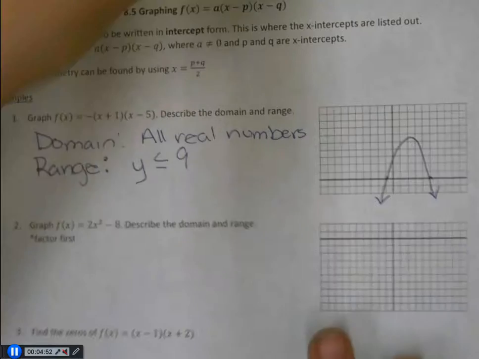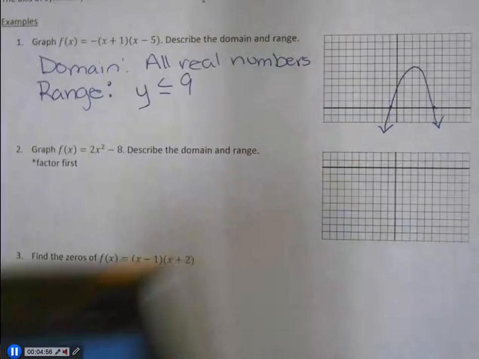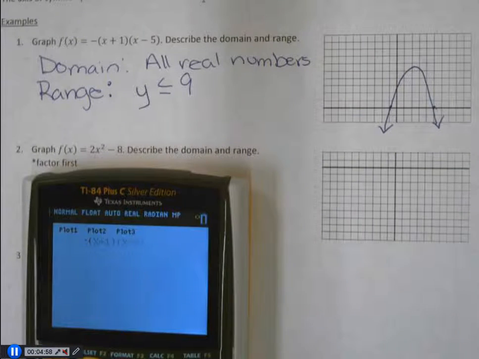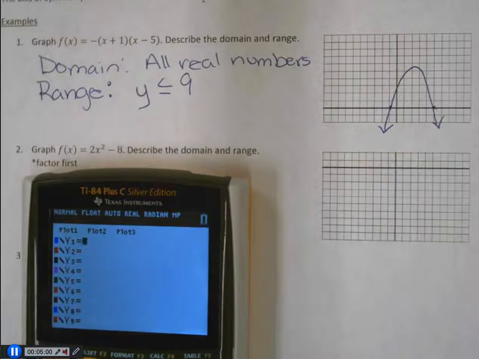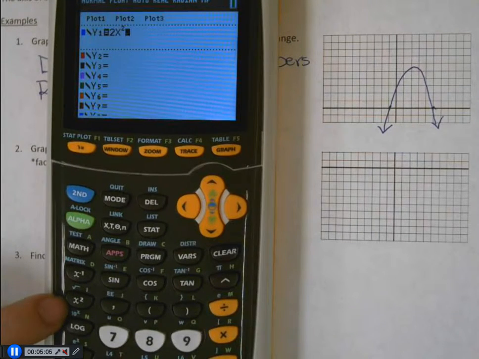Okay, number 2, I'm going to do the same way. I'm just actually going to graph it. I don't need to factor it. So I'm going to go to y equals, clear out my old graph, then type in the new one, 2x squared. Remember the exponent for squared is right here.